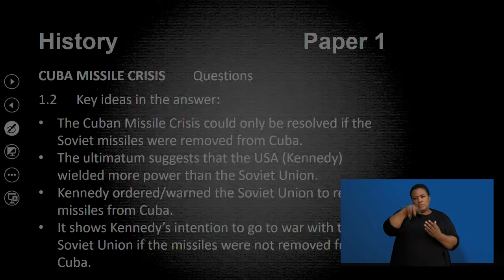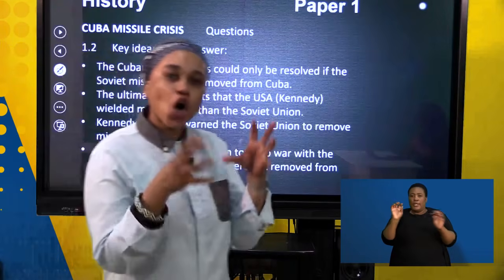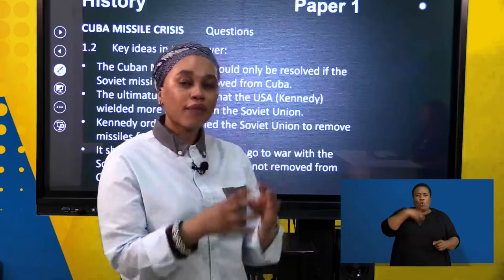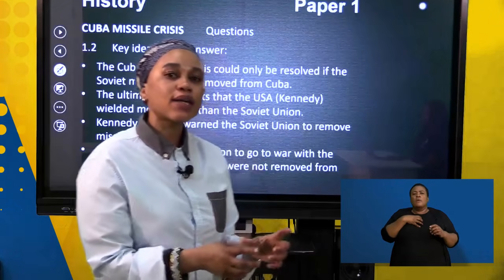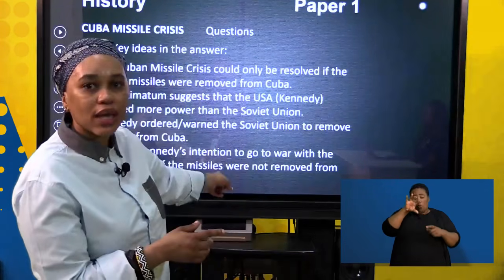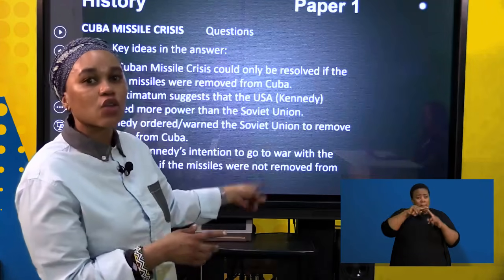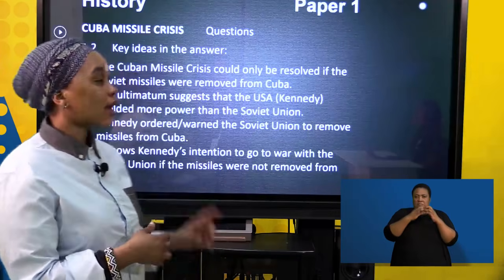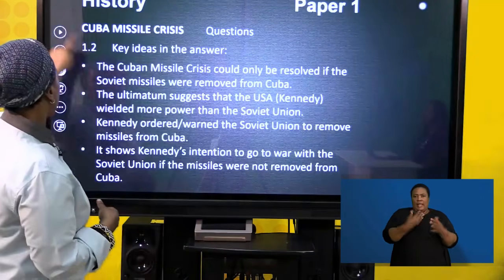It shows Kennedy's intention to go to war with the Soviet Union if the missiles were not removed from Cuba. Again, this is your own understanding, your own conclusion after reading the entire source. What you will find is that these key ideas are not contained in the actual source. You have to come up with these to show that you are able to analyze the source.